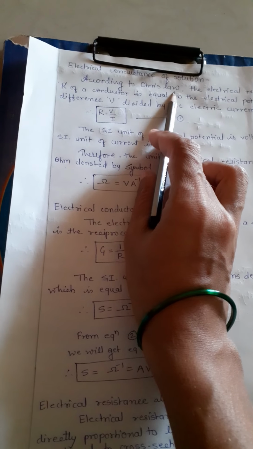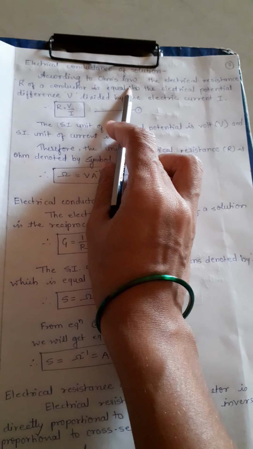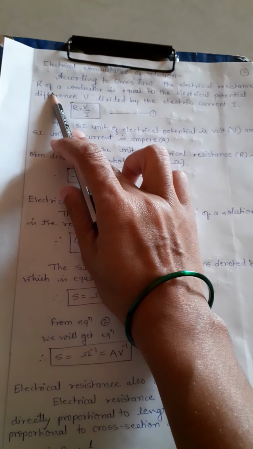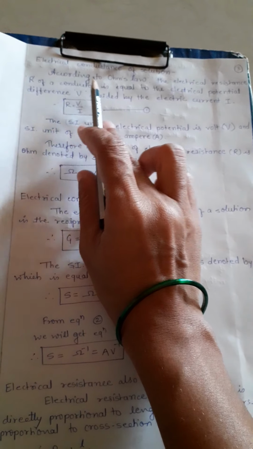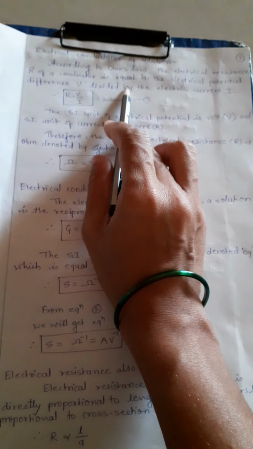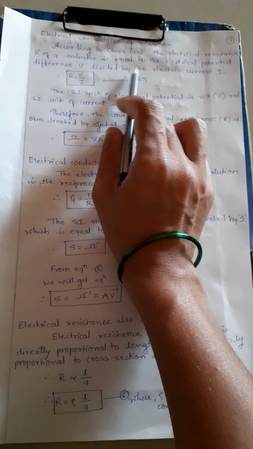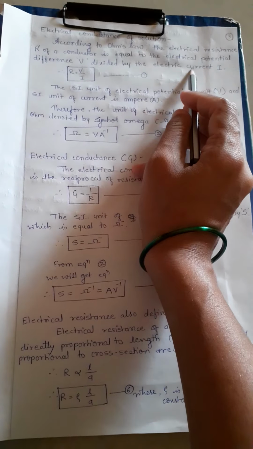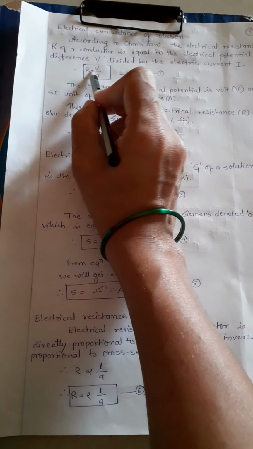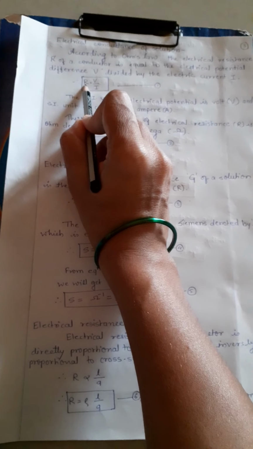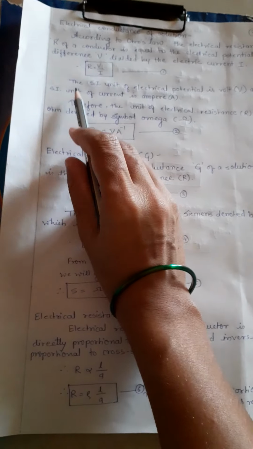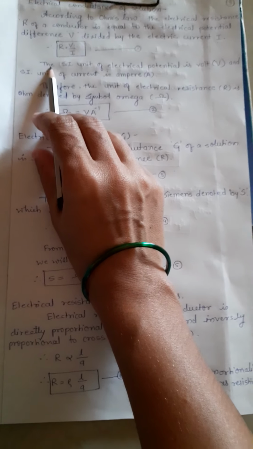According to Ohm's law, the electrical resistance R of a conductor is equal to the electrical potential difference, denoted by capital V, divided by electrical current I. Therefore, electrical resistance R is equal to V upon I, equation number 1.